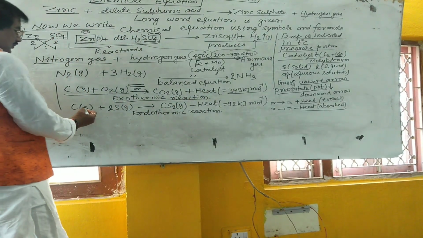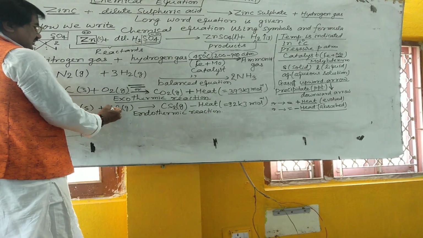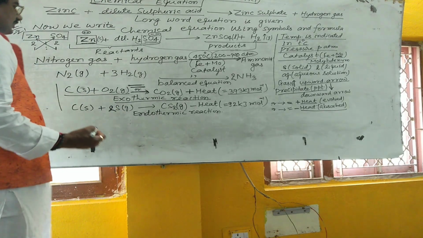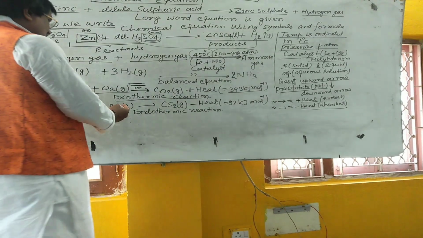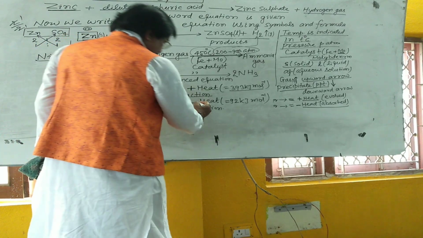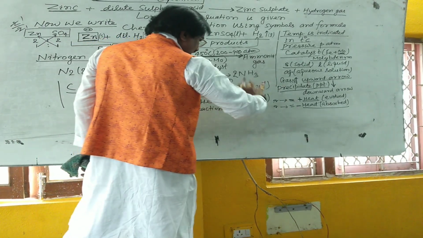Another example where carbon reacts with sulfur gas. Sulfur, you know, is in the form of solid, but here the reaction takes place in gaseous form, then CS2 gas is formed, and minus heat is evolved.